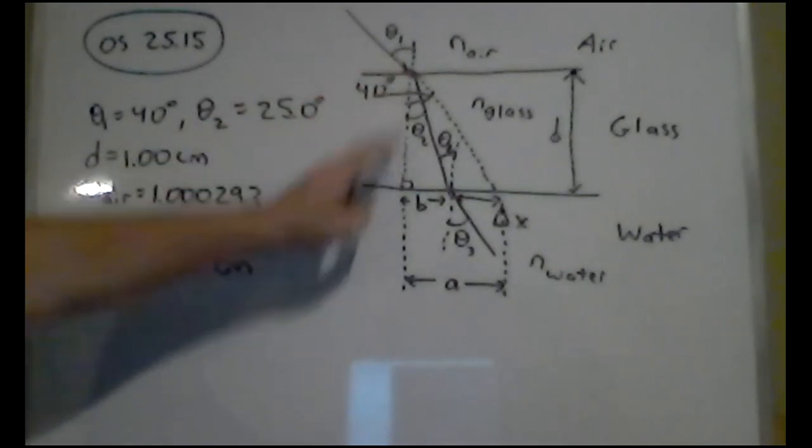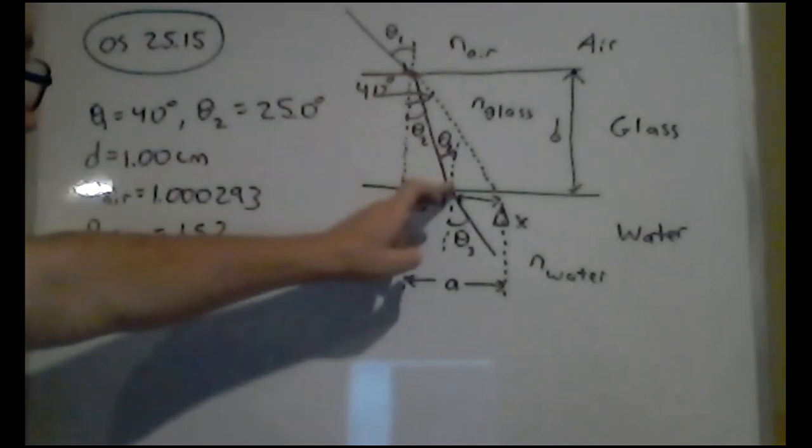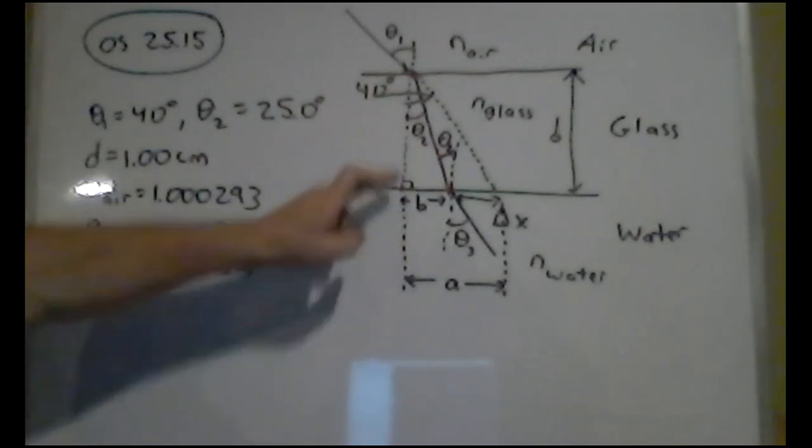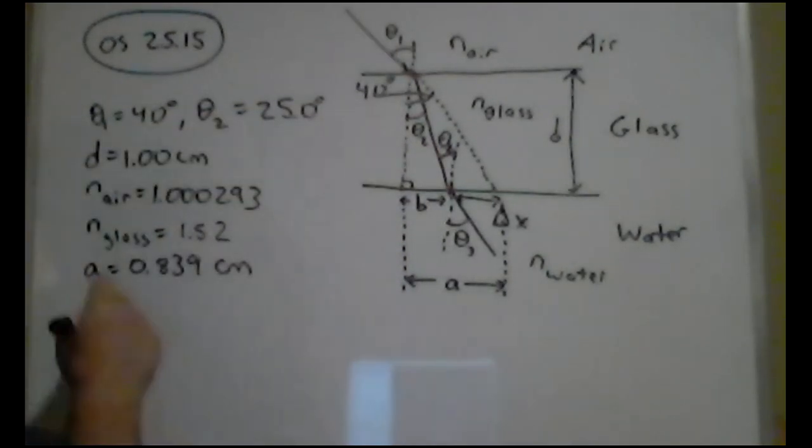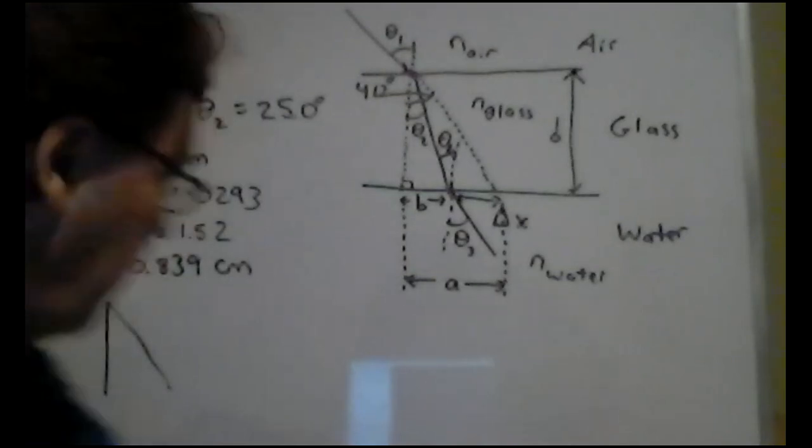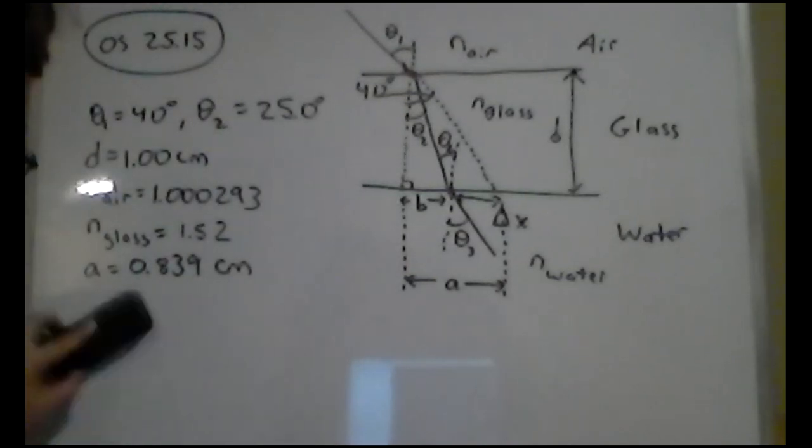This triangle here, the refracted ray is the hypotenuse, the bottom is B, and I still have the thickness. So I'm going to consider a different triangle, but the math is going to be practically the same, just different numbers.